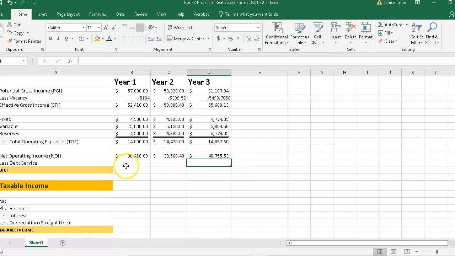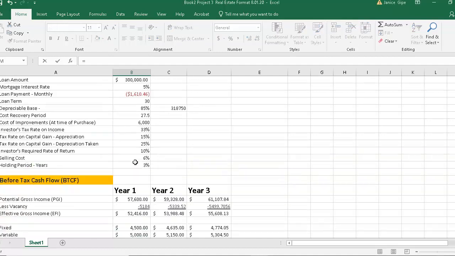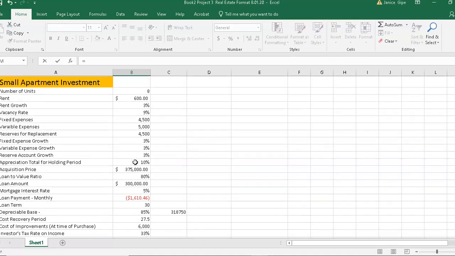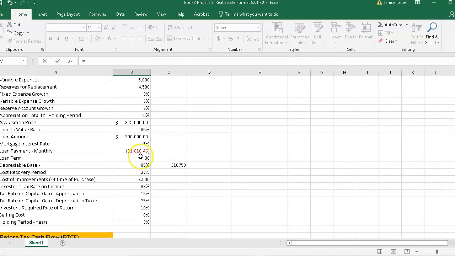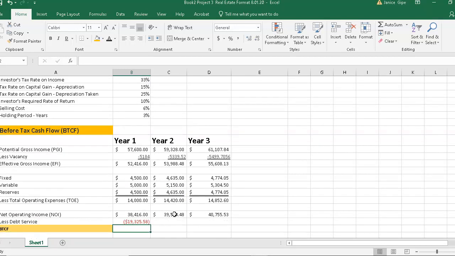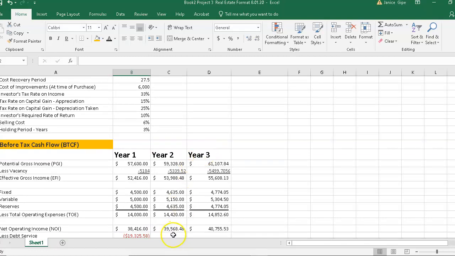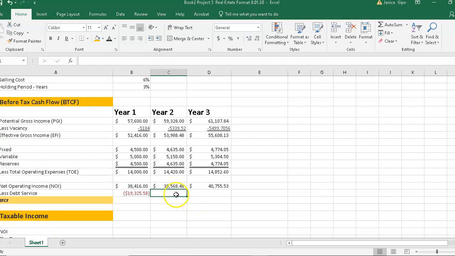Less, now we're going to do the debt service. So with calculating the debt service, we're just going to take the monthly payment times 12. And then we'll do the same with this as well.